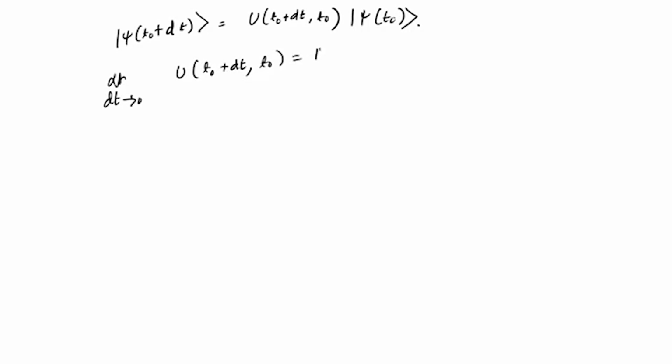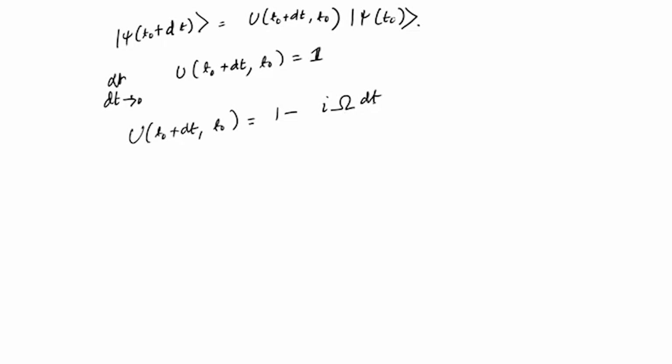1 means, again, you have to be careful that this is equal to an identity matrix, and so these requirements would be satisfied if you have this U of t0 plus dt and t0 equal to 1 minus i omega dt. We do not know what omega is, but we can figure it out later.